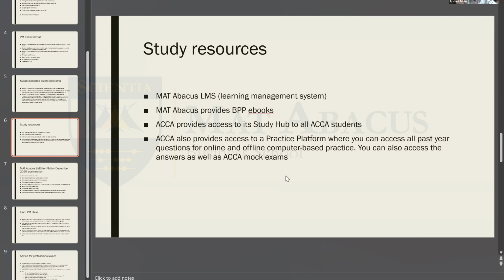Even though we'll be doing exam questions all the time in class, in practice, during revision, and during tests, you will still find some questions difficult. Some questions will shock you a bit. But if you are practiced enough and have the attitude to work, then you'll get it. So ACCA is not an easy exam.